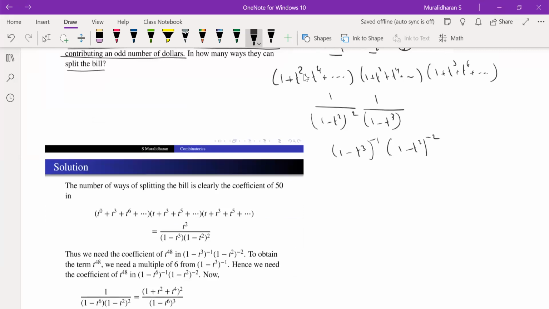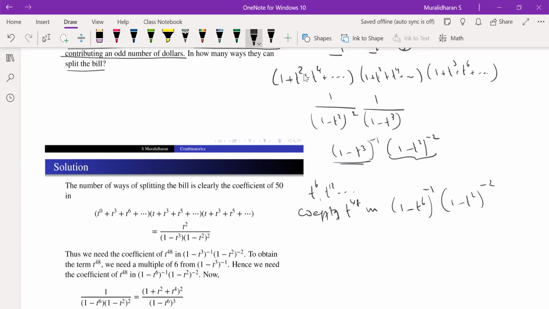Note that all the terms here will have even powers. Here also there should be even powers. So we need to consider only t power 6, t power 12, etc. So I can write this as the coefficient of t power 48 in 1 minus t power 6 whole power minus 1 into 1 minus t square whole power minus 2.